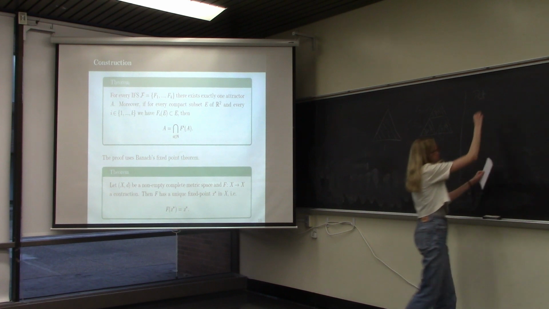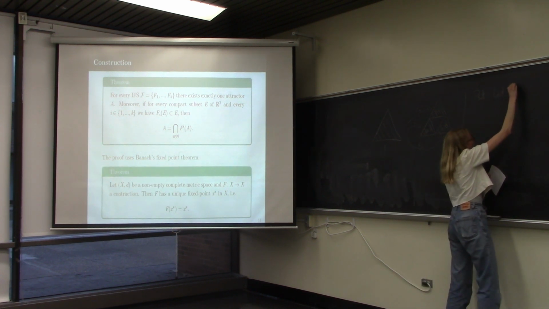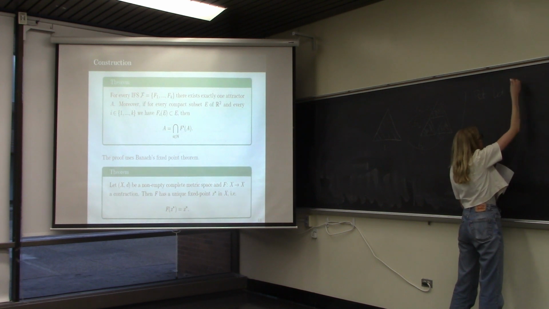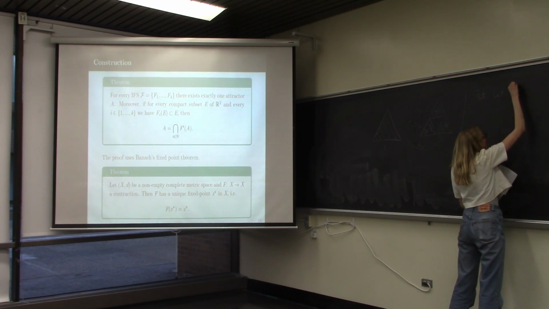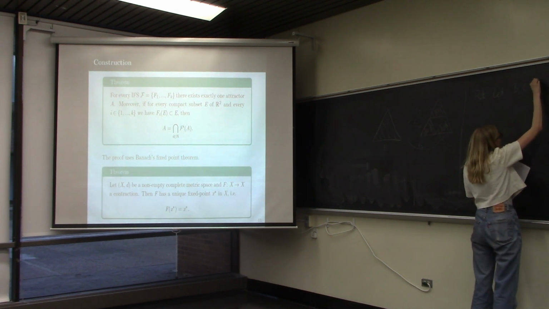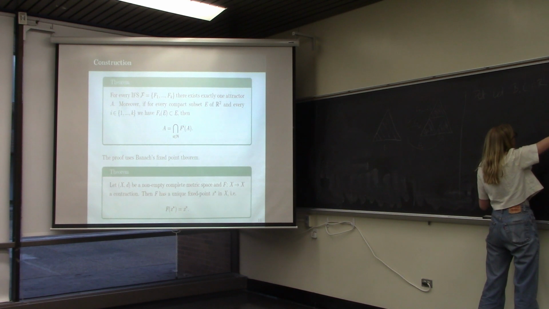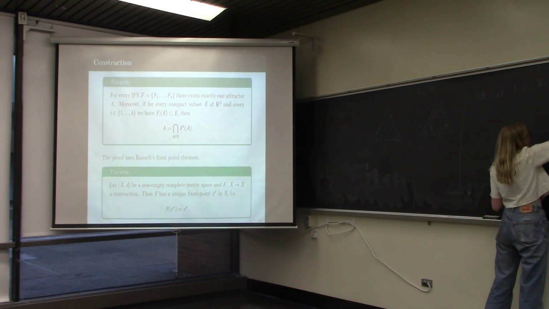So, let's call them B and C, so we have two compact subsets.